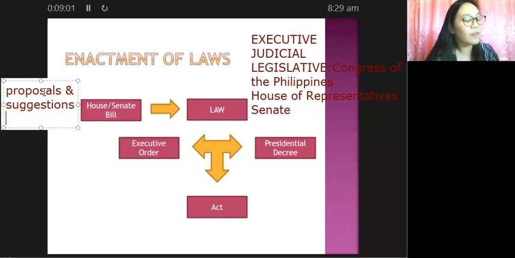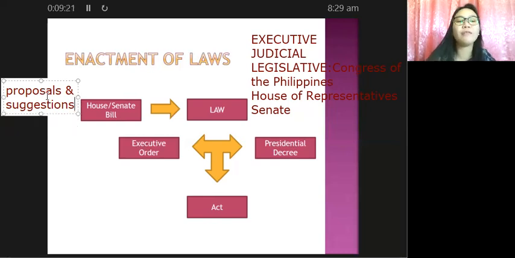Apart from our government agencies and the office of the president, private individuals and interest groups may also make their suggestions or proposals.